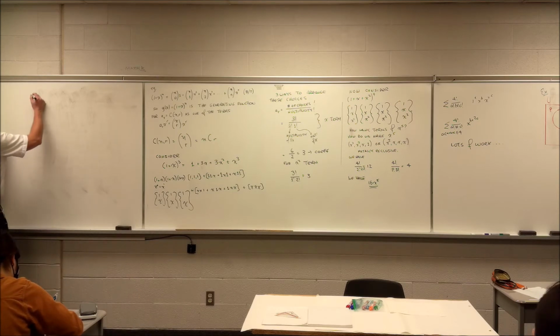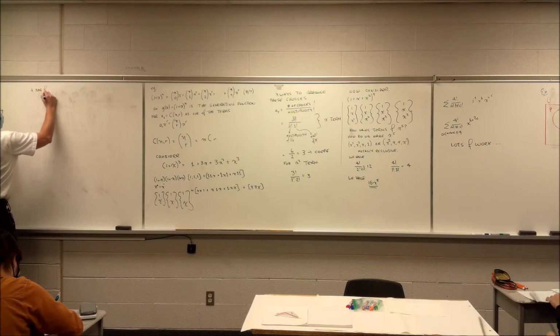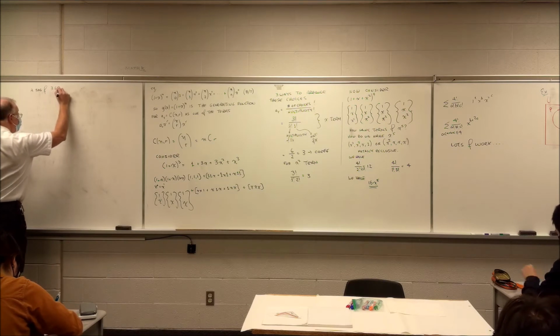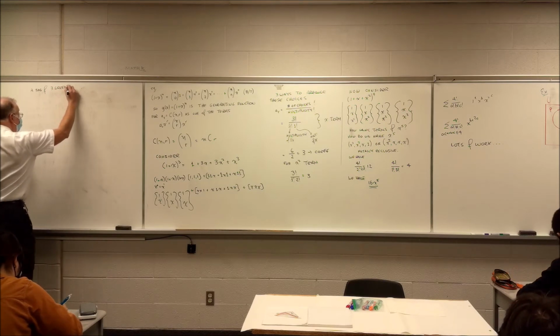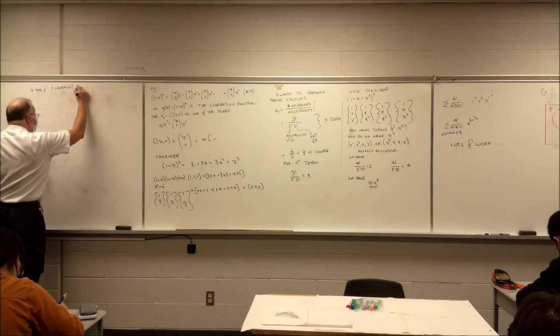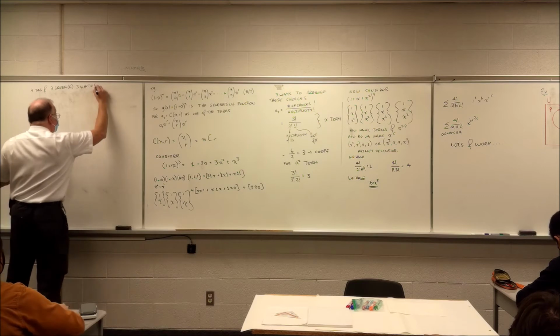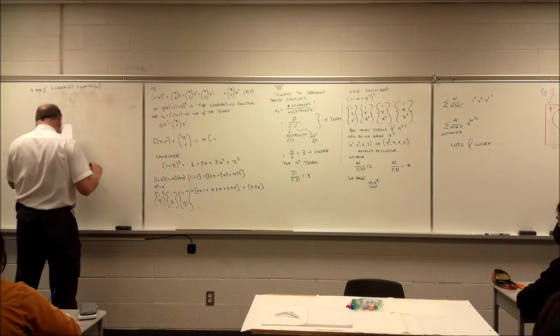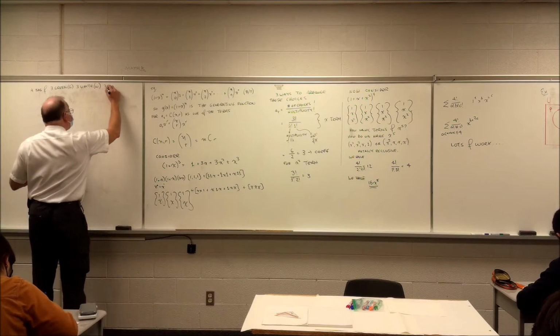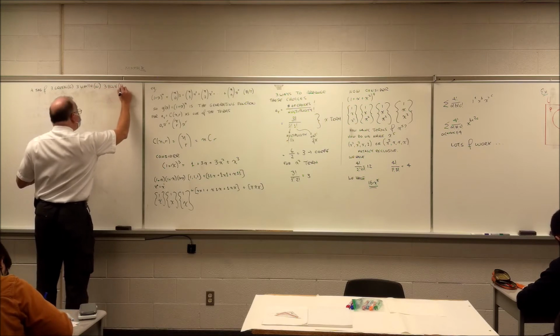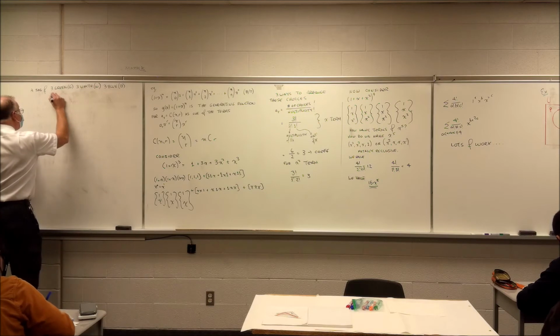So we have a bag of 3 green, which we'll call capital G, 3 white, called capital W, 3 blue, capital B, and 3 red, capital R, just so we don't write the colors every time.